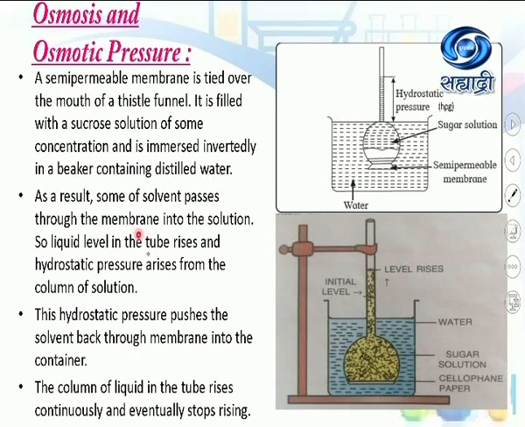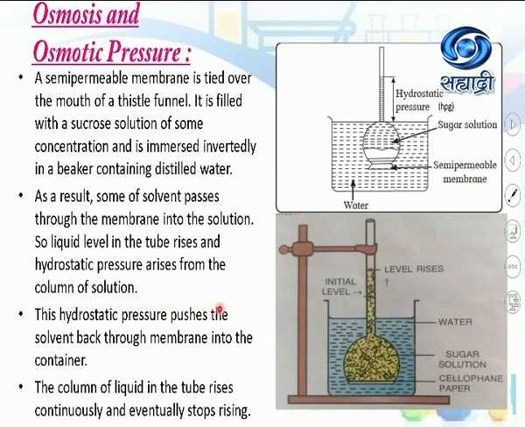Now the liquid level in the tube rises and hydrostatic pressure arises from the column of solution. Now this hydrostatic pressure, which is given by h rho g, pushes the solvent back into the solvent through the semi-permeable membrane.